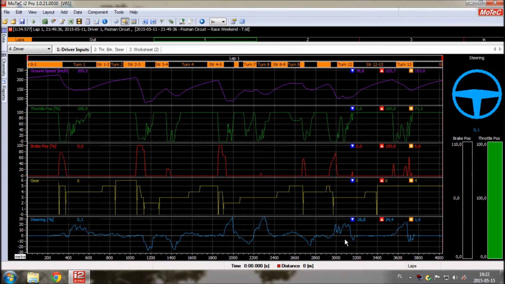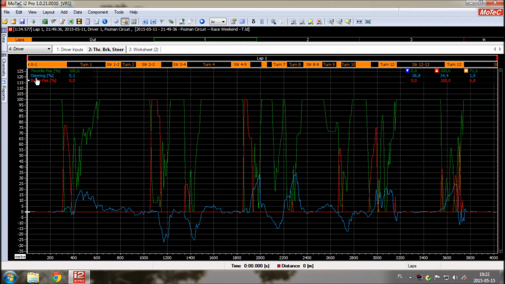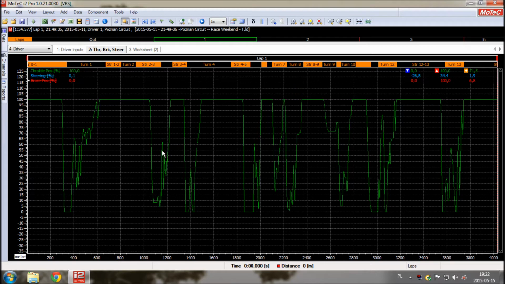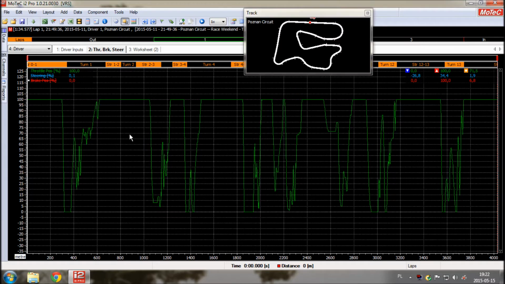As you can see, standard view, so to speak: speed, throttle position, brake position, gear and steering. Plus we have gauges here of the steering wheel and the brake pedal, but I'd like to focus here on the throttle. We can switch to this tab. We can see everything here on the bigger graph. Okay, so let's see the track.